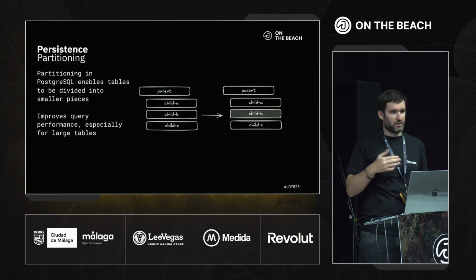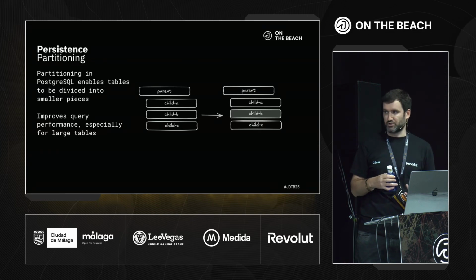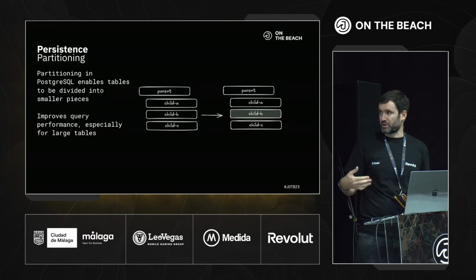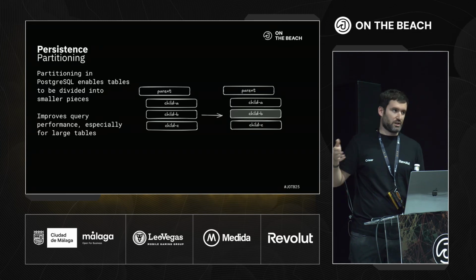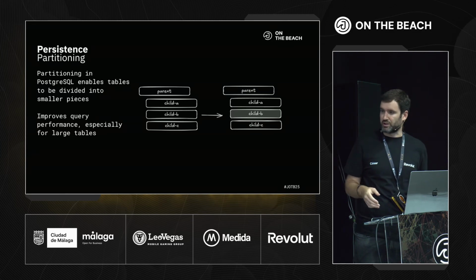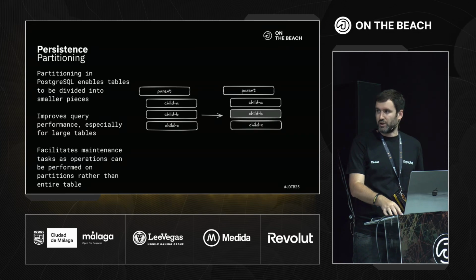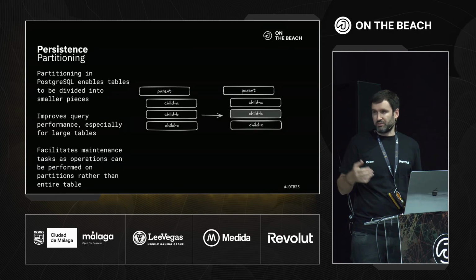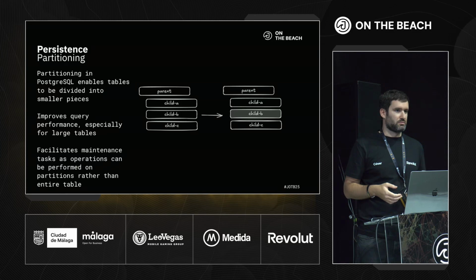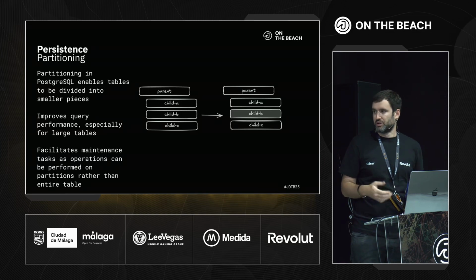So you prevent unnecessary locks, and you prevent unnecessary scans over the table. It gives you a performance boost, and when you're inserting, it also helps reduce the planning time. And then finally, it also helps in terms of maintenance operations.